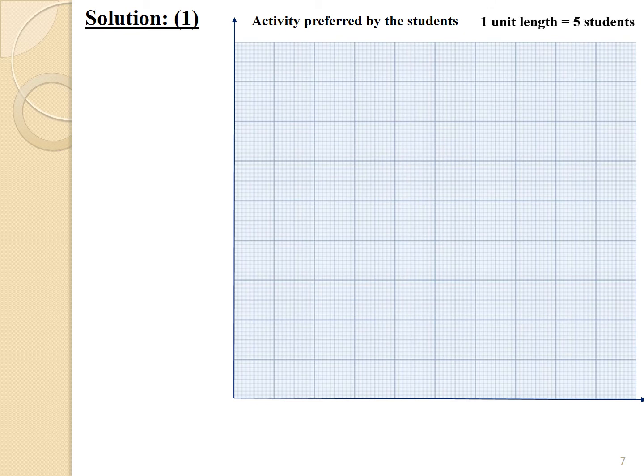Then you have to mark 0 where two lines, horizontal and vertical lines, meet each other. Then you have to mark 9 points on the vertical line at equal distance. The points are 5, 10, 15, 20, 25, 30, 35, 40 and 45.